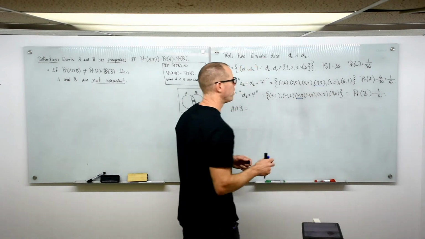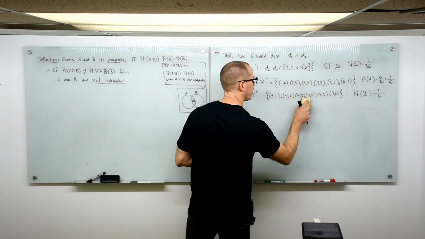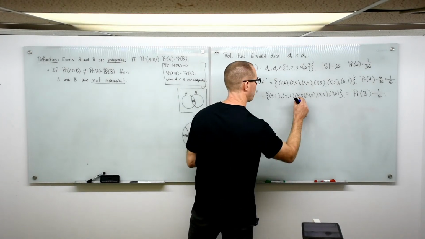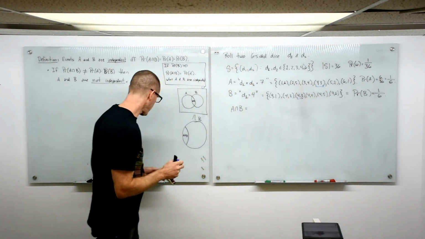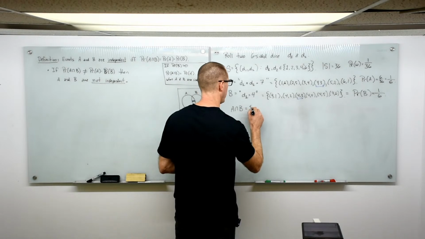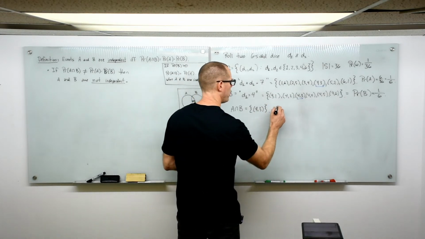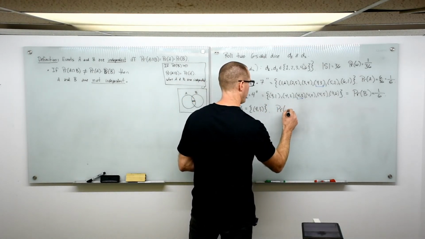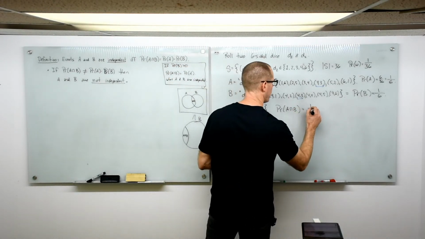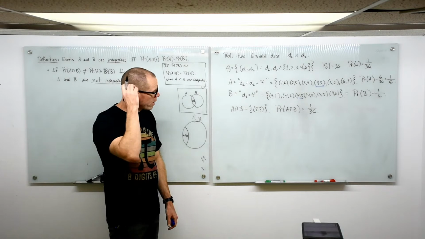That's all they have in common. So A intersect B is 4, 3. It's one element. The probability of A intersect B is just 1 out of 36, because it's the size of the set divided by the size of S.